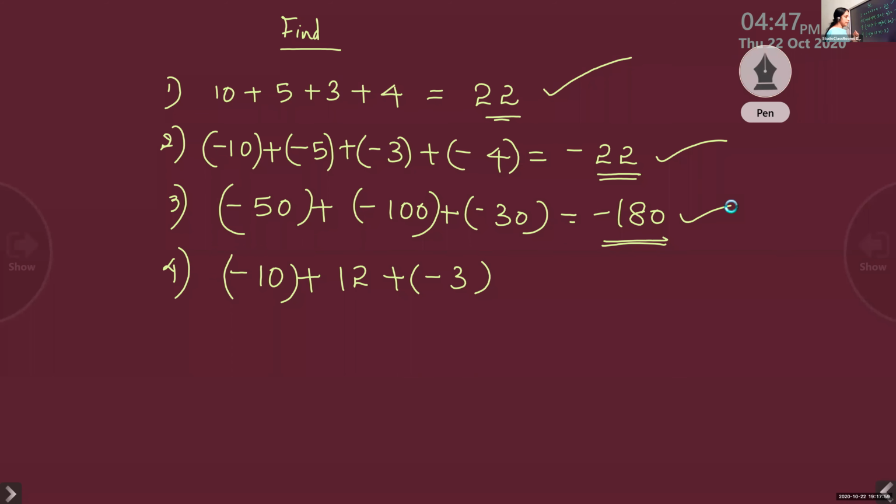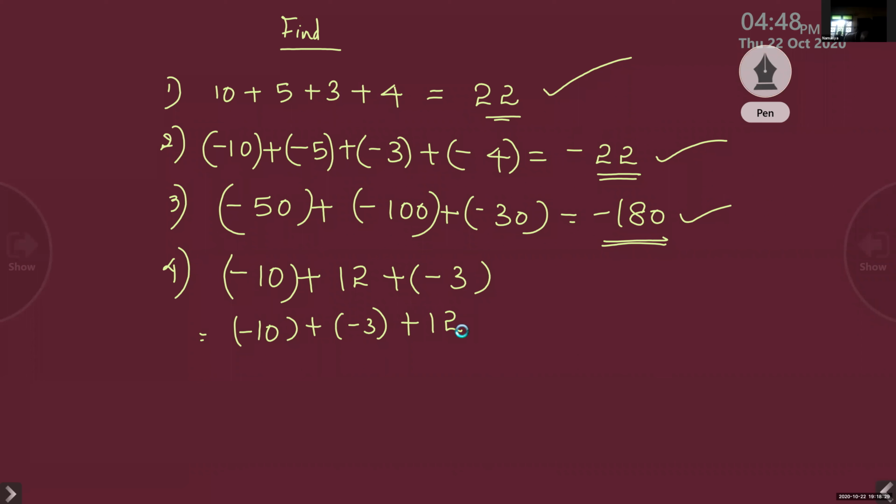But if the question comes like this, what you have to do is take the negative numbers together. All addition, this is plus, this is also plus. That means these three numbers we are adding together. Your second step, you have to arrange it together like this. Negative numbers arrange together. And the one positive number is separate. It has no friends.